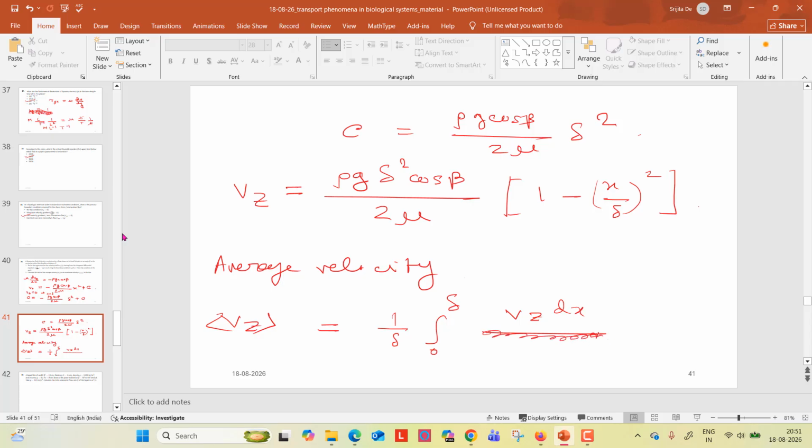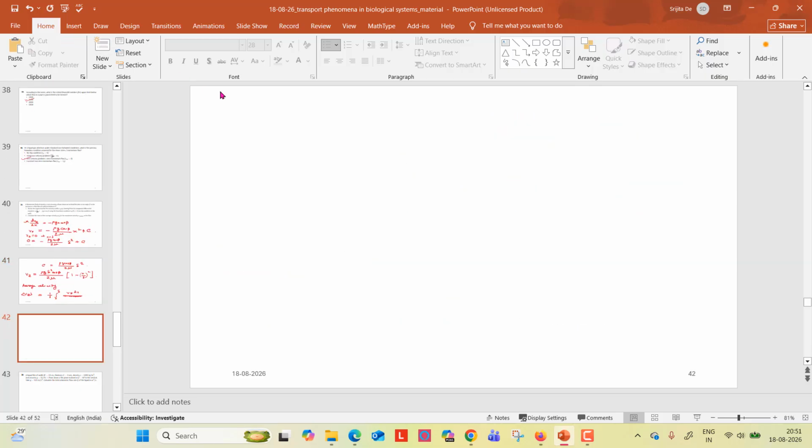So now if you put the value, we can take the constant out, which is rho g delta square cos beta by 2 mu, and here is a delta, so it is delta.